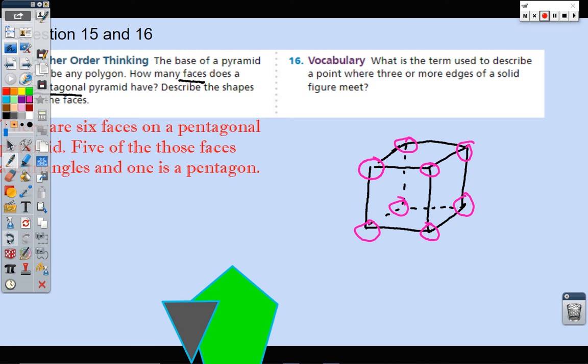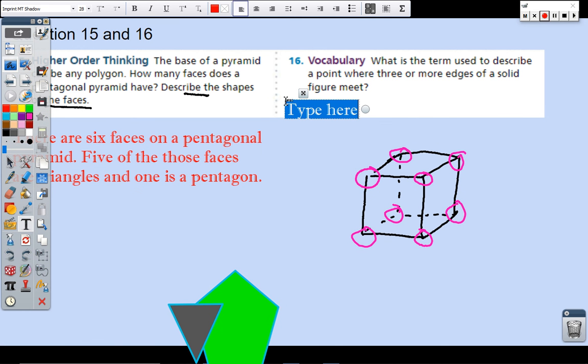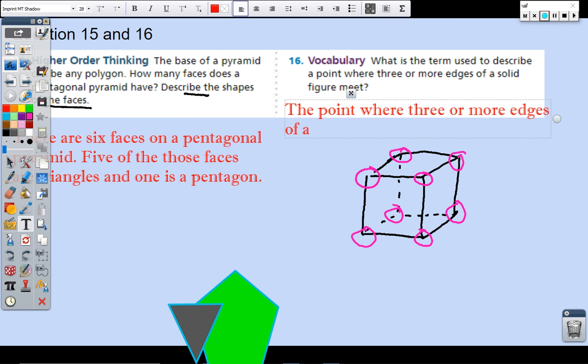So, if I were to type this answer out or write it in your book, we want to rephrase the question in the answer. The point where 3 or more edges of a solid figure meet is called a vertex.